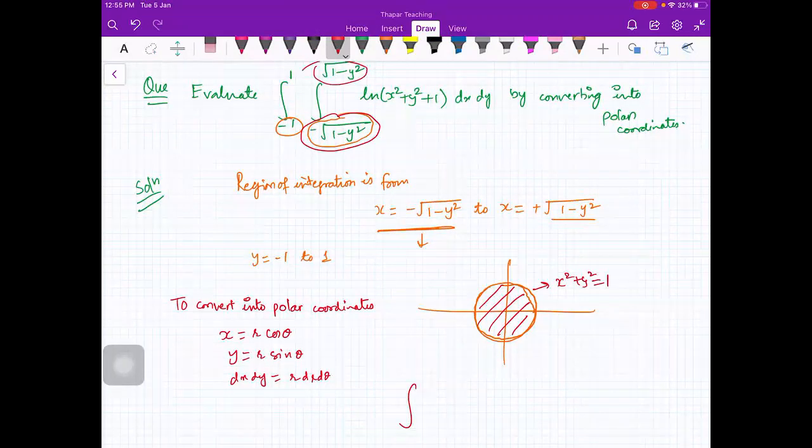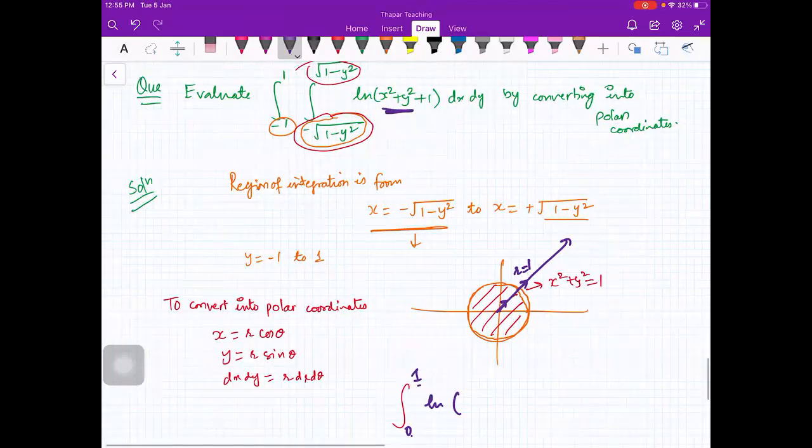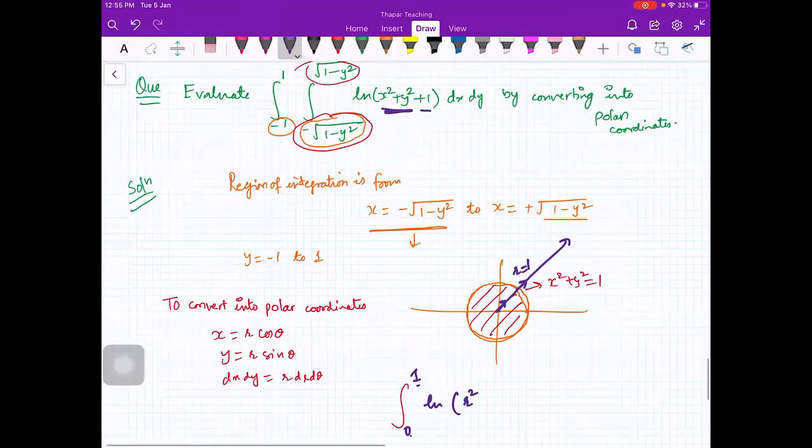You will draw a ray. This is the entry point, this is the exit point. The entry point is 0, the exit point is r equal to 1. Inside you will have log of x square plus y square, which becomes r square as in the last question, plus 1. In place of dx dy you will write r dr d theta.